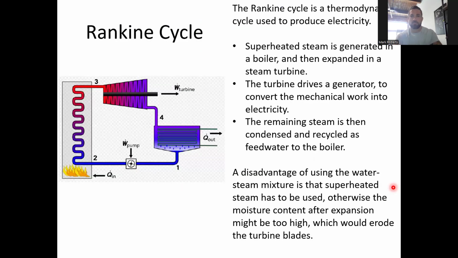All right, so let's move on now to the Rankine cycle. This is similar to the Carnot cycle, but instead of using an ideal gas, we're going to use water. To describe this, it's most convenient to just work through the Rankine cycle process.